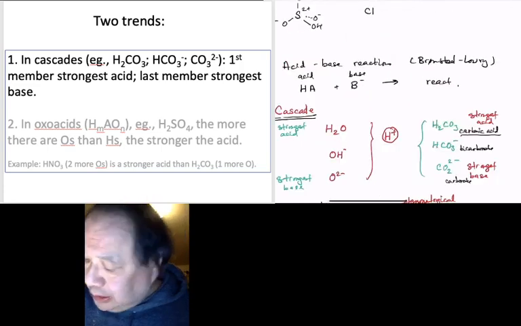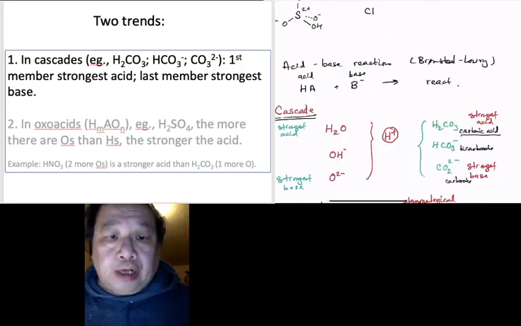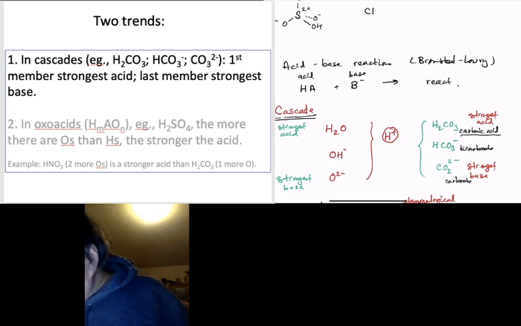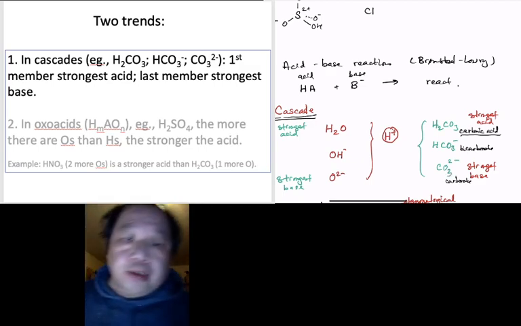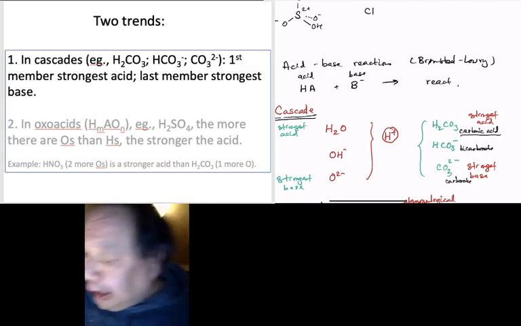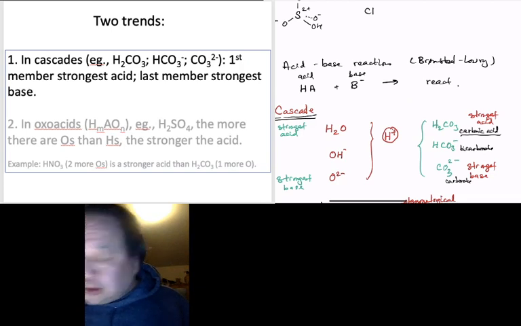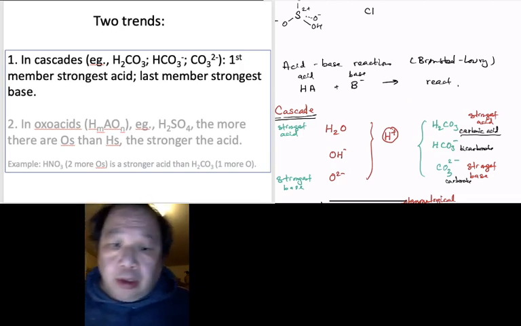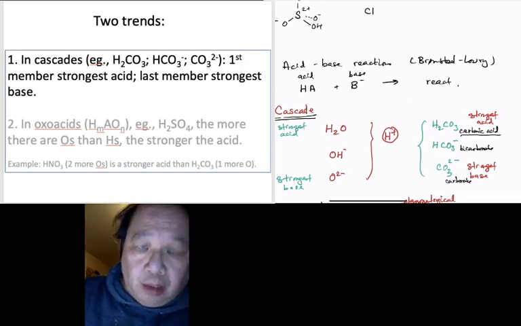O2- has a great negative charge. CO3 2- has a great minus charge, and therefore they are the strongest bases, and at the other end of the cascade are the strongest acids among the cascade.